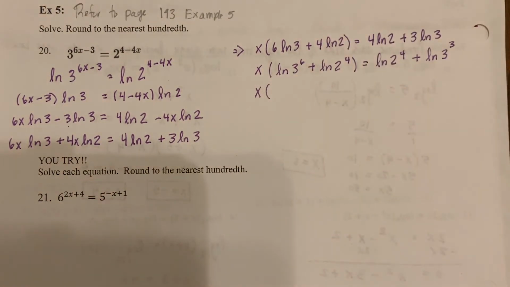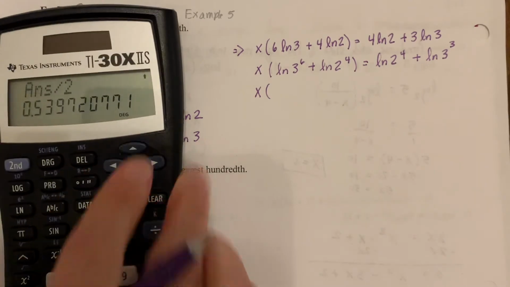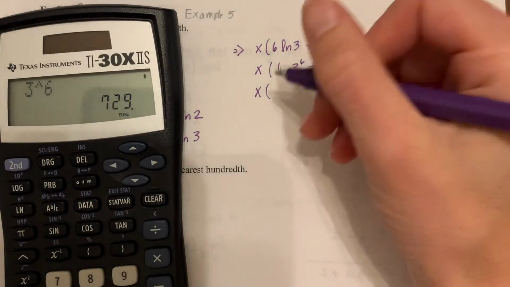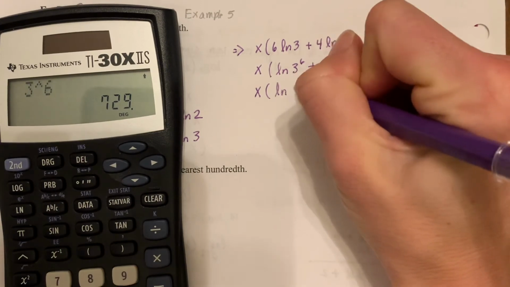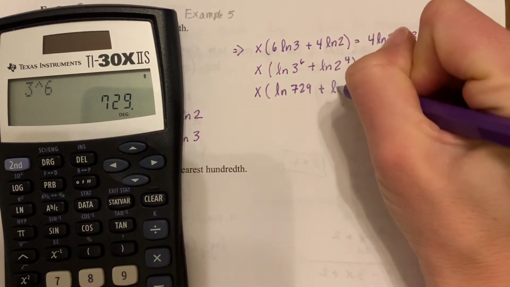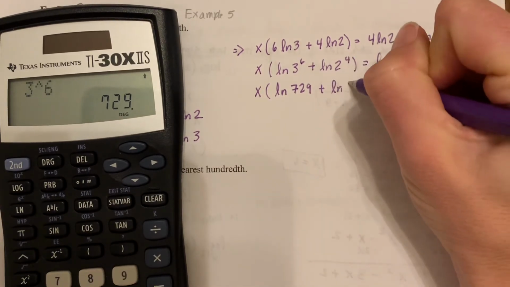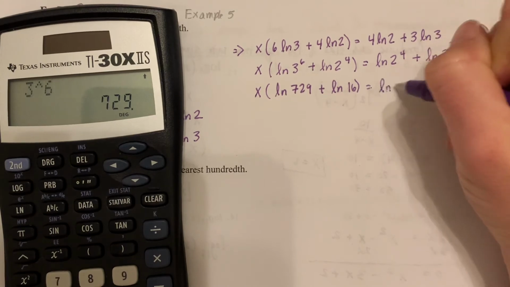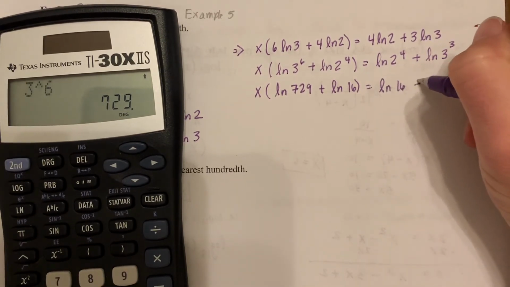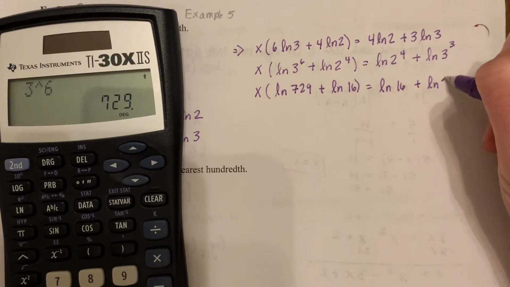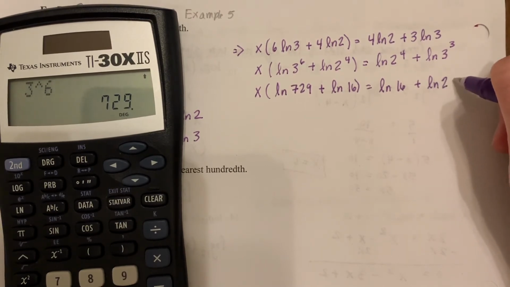So I have 3 to the 6th power. So if I calculate 3 to the 6th power, I get 729. So I have the natural log of 729 plus the natural log 2 to the 4th power is 16. This is equal to the natural log of 16 plus the natural log of 3 to the third power, which is 27.